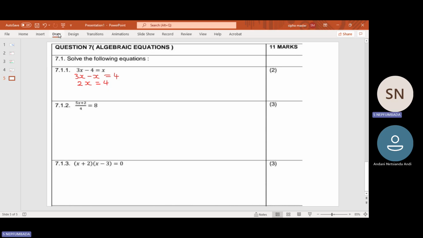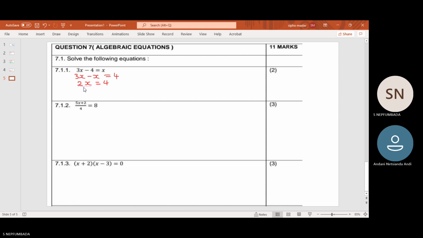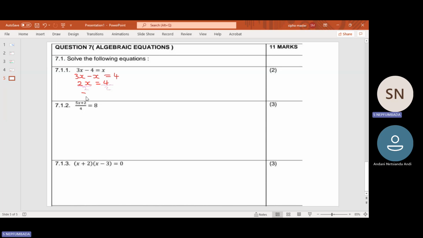Then we divide both sides by what? By 2. Then we get our x is equals to 2. Is that so? Yes. Then we proceed.